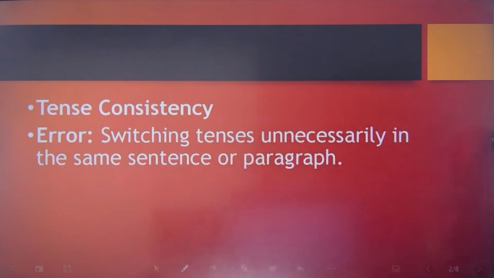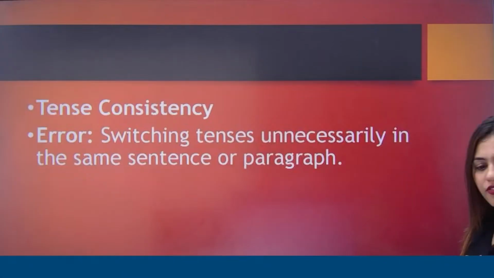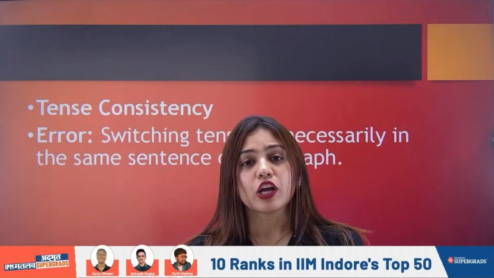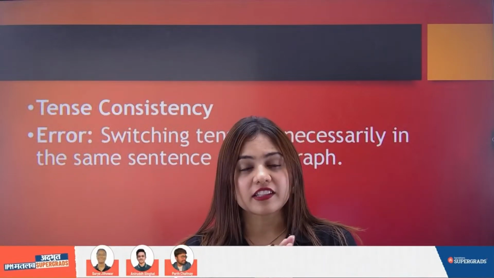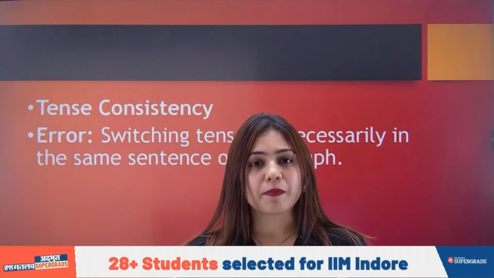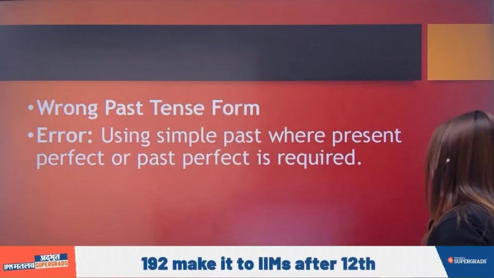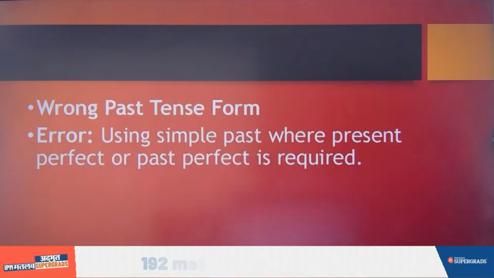So when you see events, especially in the same time frame, अगर आपको ऐसा दिखता है कि कोई प्रोसेस हो रही है या कोई स्ट्रैटेजी एक्सप्लेन कर रहा है या सेम टाइम फ्रेम में कोई चीज चल रही है, सो ensure that the tense is regular throughout the paragraph, throughout the sentence.